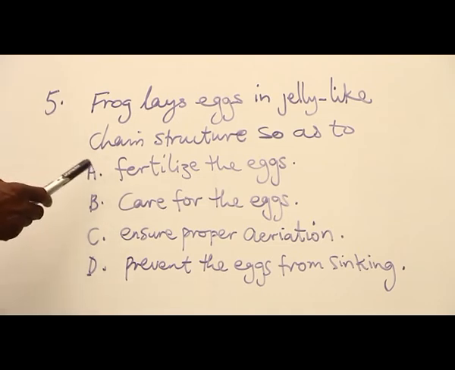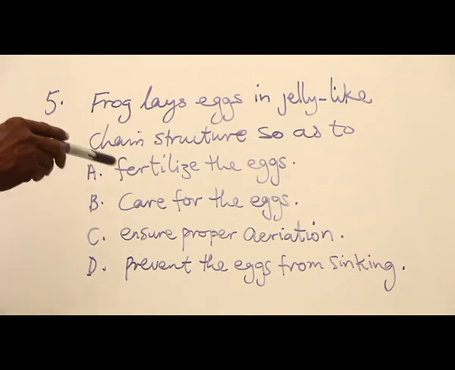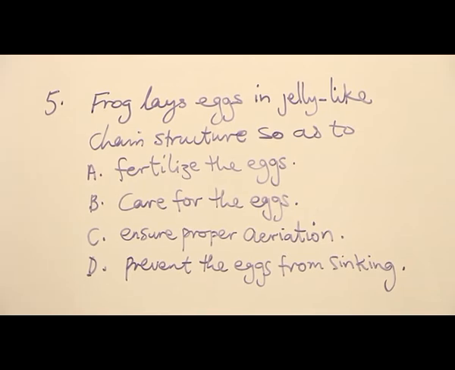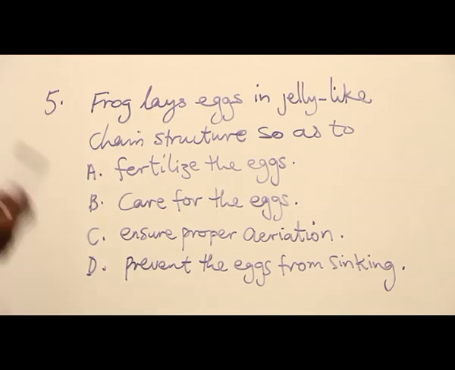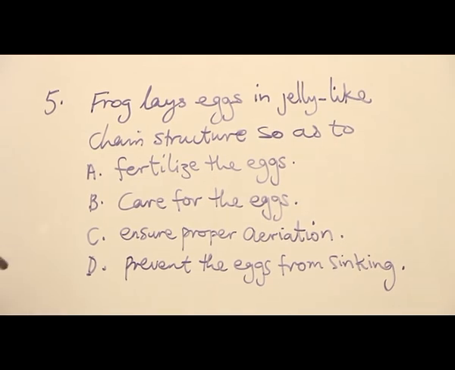Now, the jelly-like structure is used by the frog to protect the eggs from being washed away by water current, and also to improve fertilization of the eggs when the male is shedding the sperm externally over the eggs. Then it's also to ensure that they are well spaced for proper aeration.